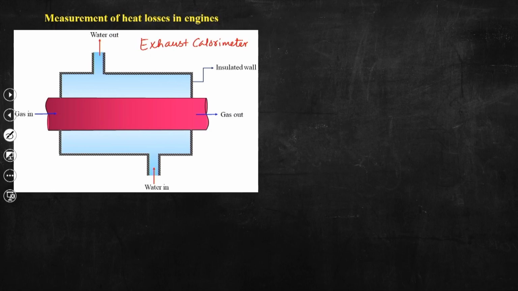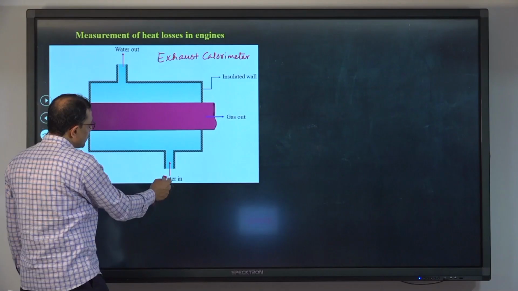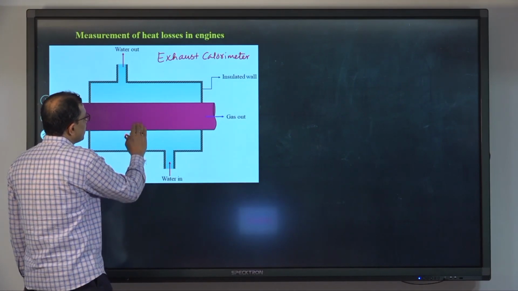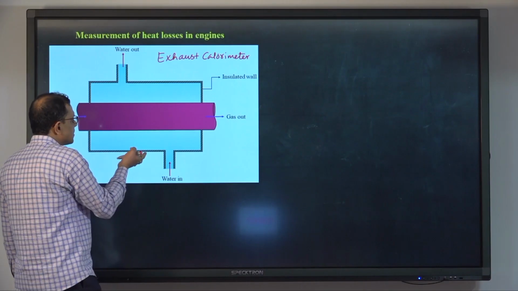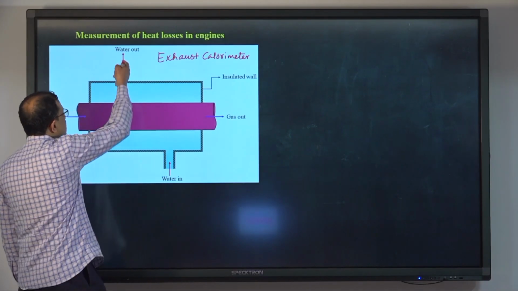and if you look at this schematic carefully, you can see that there is a tube through which exhaust gases flow, and in this particular casing, this system, water or cold water is circulated over the tube, so that a certain amount of heat can be taken by this water and that is water out.